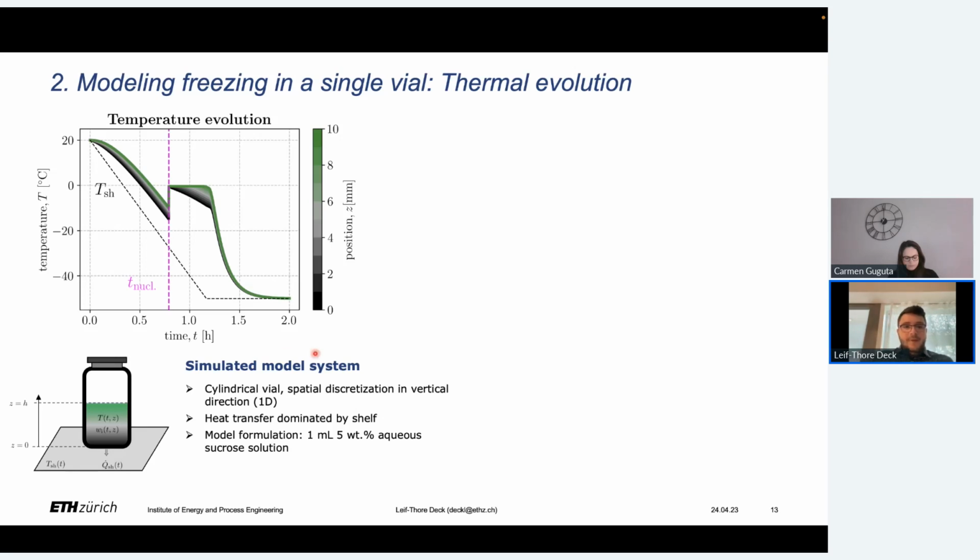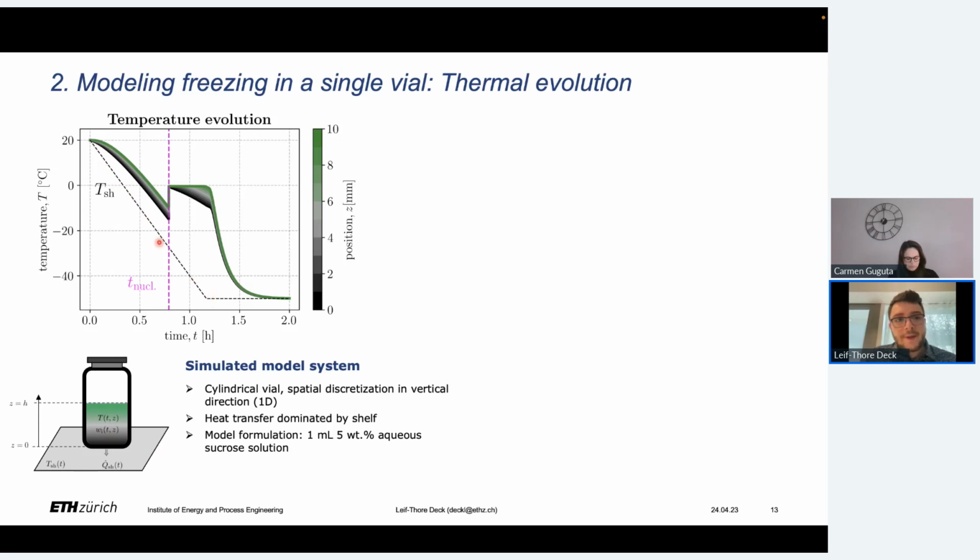So what you see here is the simulation for temperature evolution with spatial resolution now in a very simple case. We have a cylindrical vial where we have spatial discretization in vertical direction, and the heat transfer is just dominated by the shelf, so basically by the surface the vial stands on, which is temperature controlled as shown by the dotted line here.